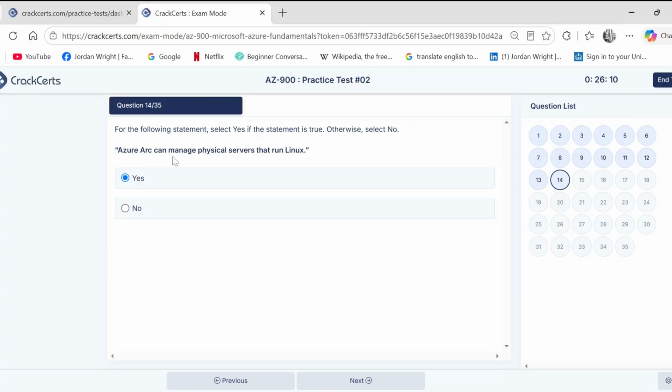But you can use Arc to connect other physical servers. You can use your hardware. They run on Linux. If you're using Windows, if you're using Apple, whatever, you can still connect. Mm-hmm. So, I think I'm right. Hopefully, I am.